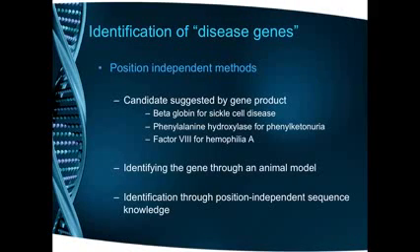Okay, now on to the next chapter, and that is the traditional identification of disease genes. So this was kind of before 1980 even, little history lesson here, where they used position-independent methods. And why did they do that? Well, they just didn't have mapping information, and they did not have the tools to generate accurate mapping information. So what they had to do is really look at the biochemical features of diseases.